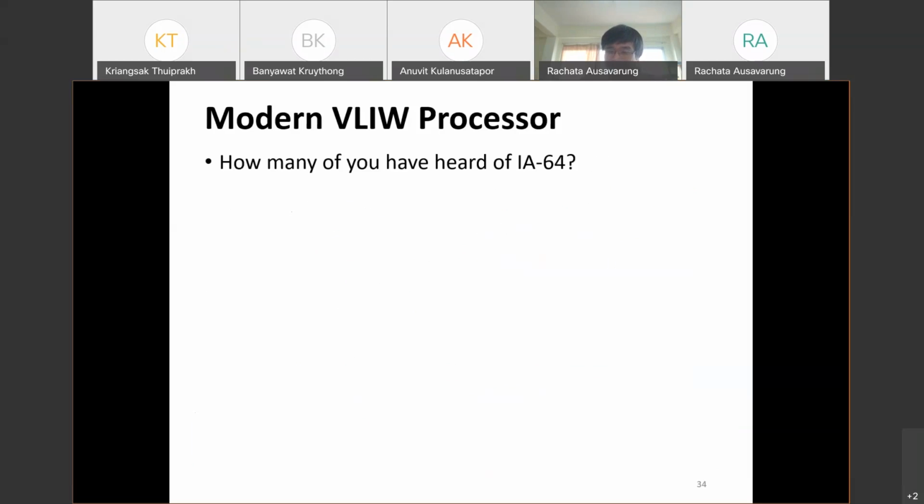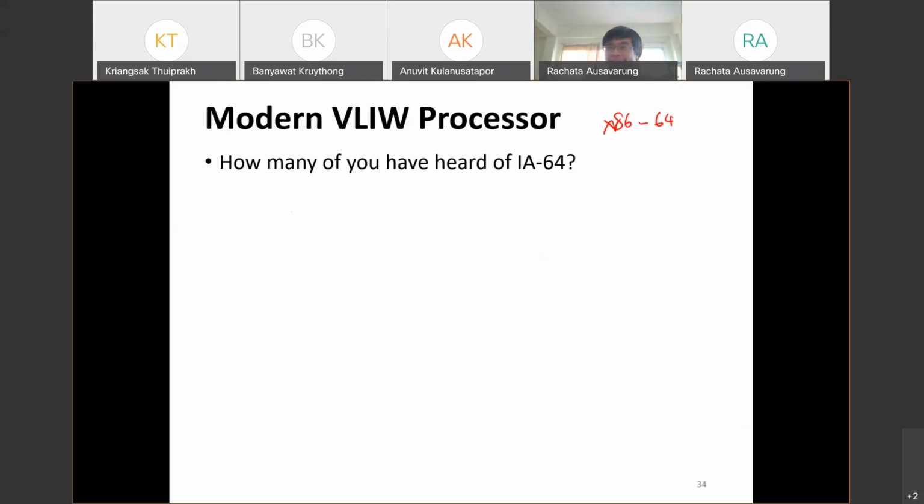No, I assume. How about this thing called x86-64? Anyone heard about x86-64? Yes, no? It's the ISA we use for the file processing and the systems class. It's the x86 instruction set, but for 64-bit machines. So that's x86-64.